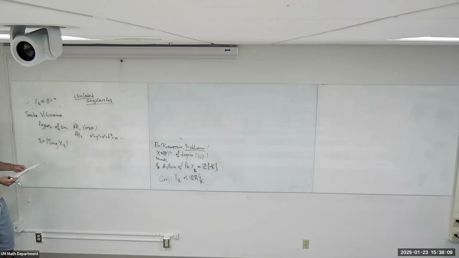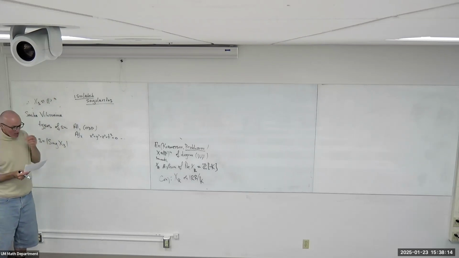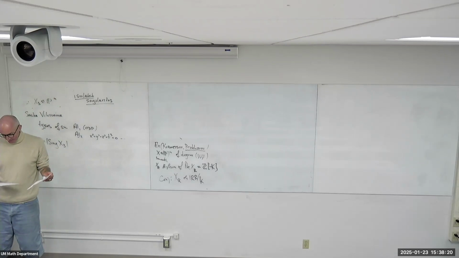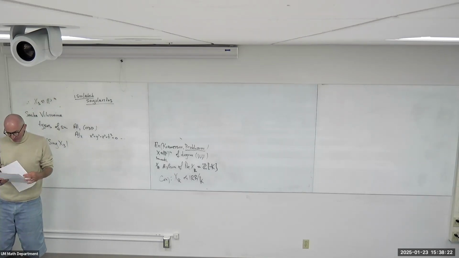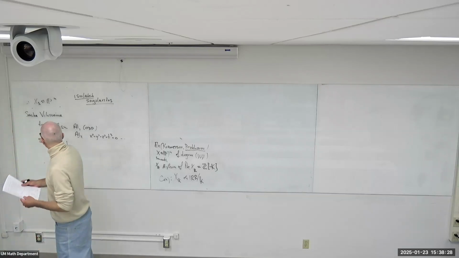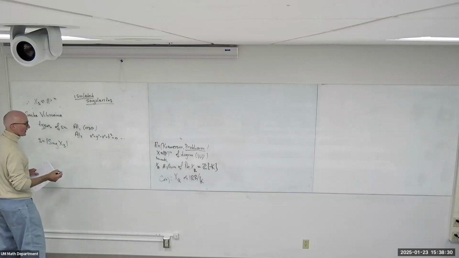Okay, so isolated singularities. But I didn't understand Victor's result. She classified types of singularities, obviously, which can appear, collections of singularities and so on. Let me just go case by case.